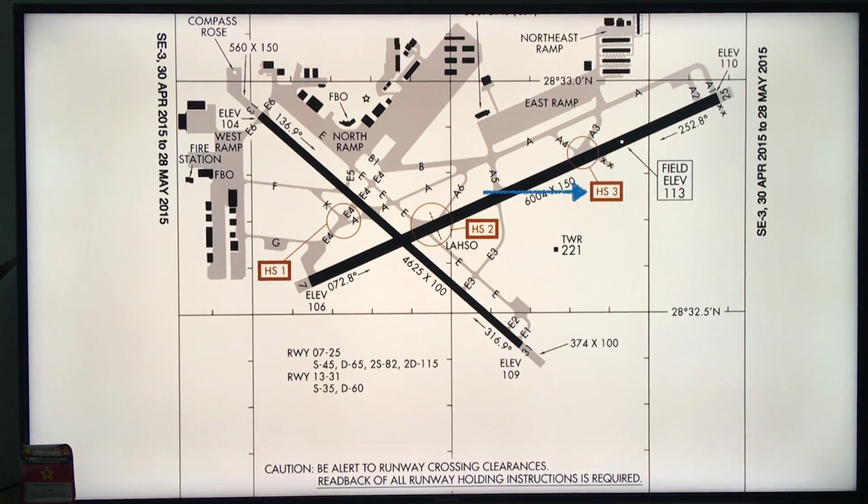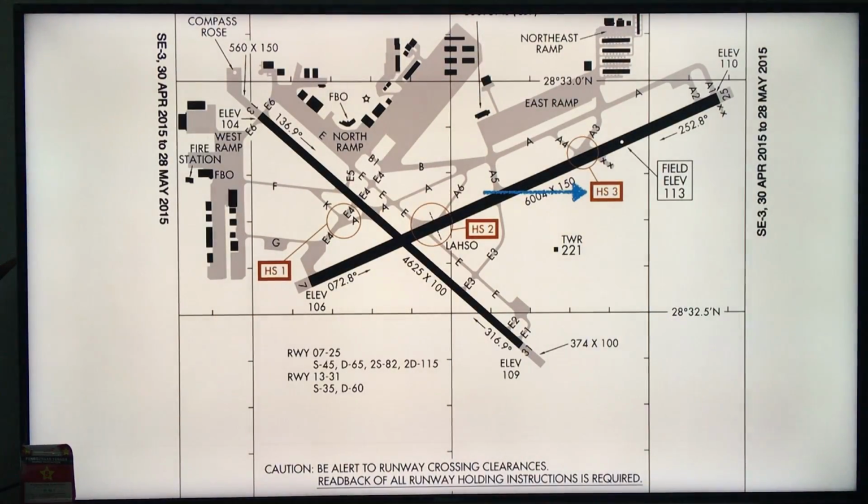HS stands for hotspot. These are areas at the Executive Airport where there have been one too many runway incursions. So many that they actually published it on the airport diagram itself, warning you, saying, listen, these intersections are areas where pilots cause runway incursions, or ground crew, it doesn't matter.